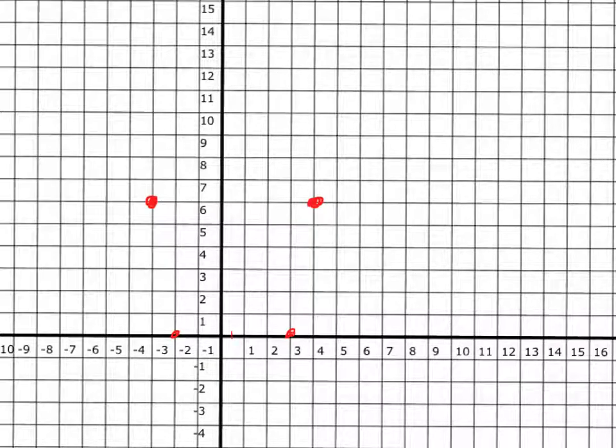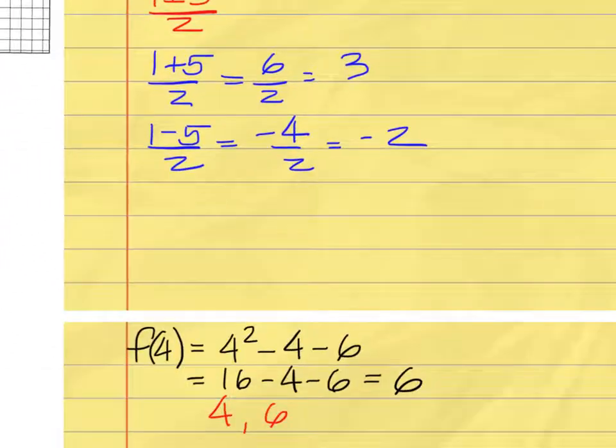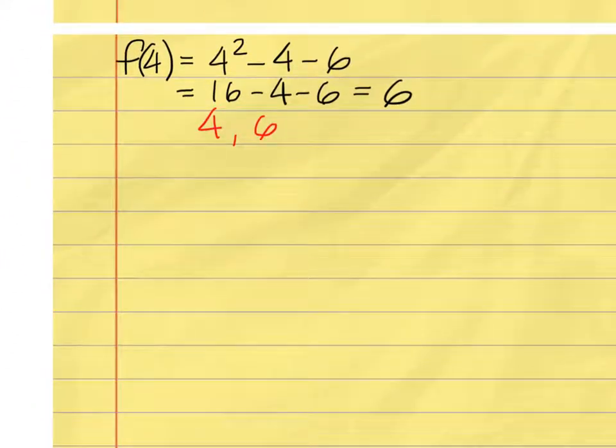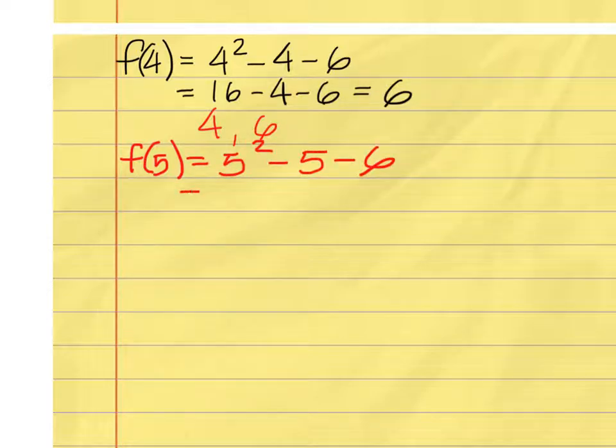Let's go 1 to the right of 4 and put in a 5. See what we get back. Let's plug in 5 and see what we get back. f of 5 is 5 squared minus 5 minus 6. 25 minus 5 minus 6, that's going to be 20 minus 6, which is 14.